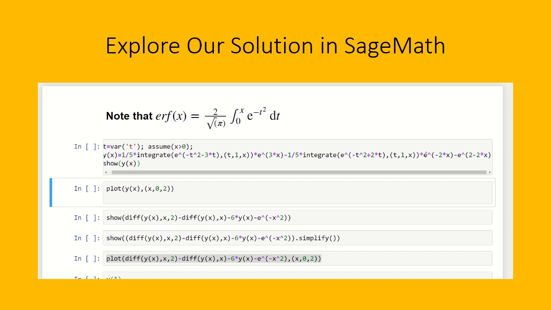That integral is multiplied by e to the minus 2x. And the last term is minus e raised to the 2 minus 2x.